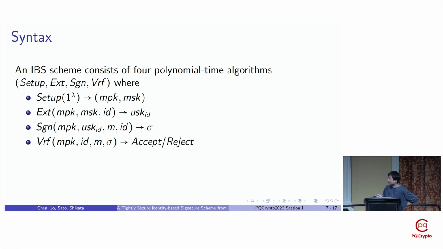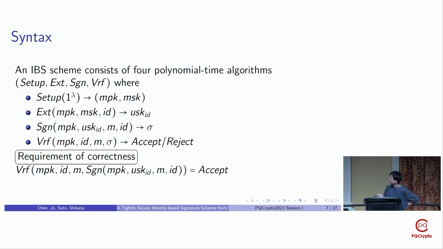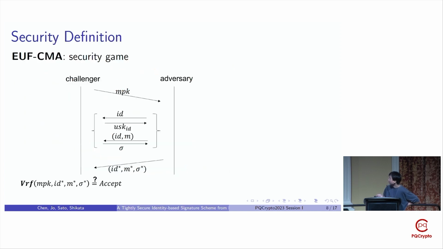Finally, the verification algorithm outputs accept or reject given the master public key, ID, message M, and signature. For correctness, each correctly generated tuple of master public key, ID, message M, and the corresponding signature should be verifiable.